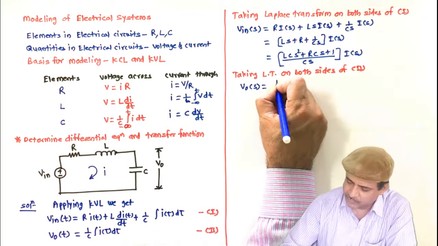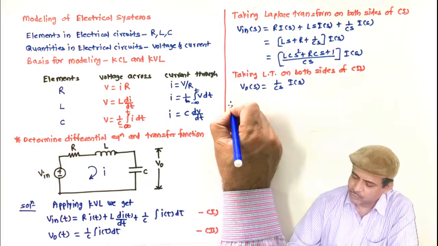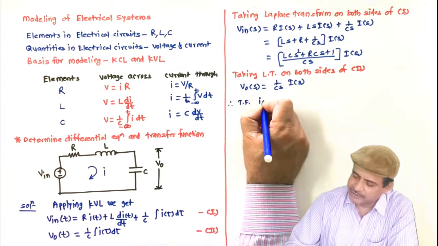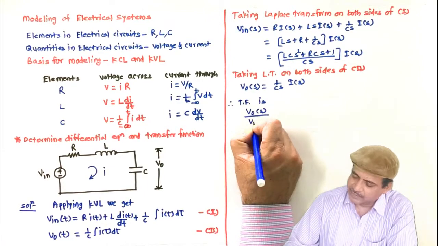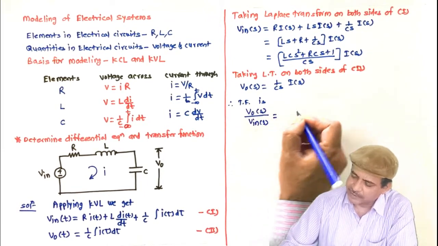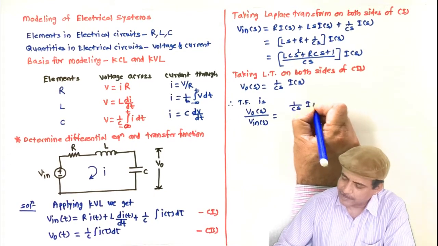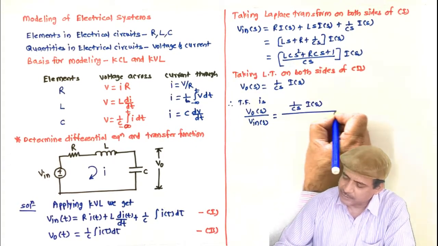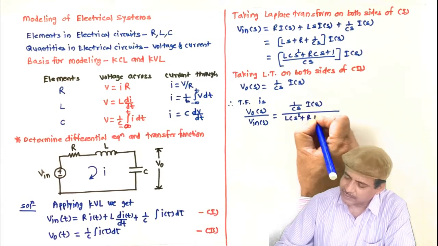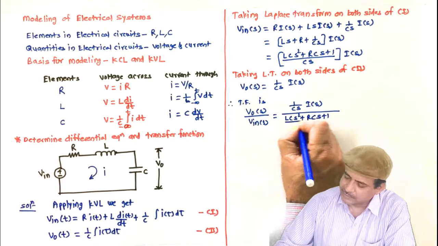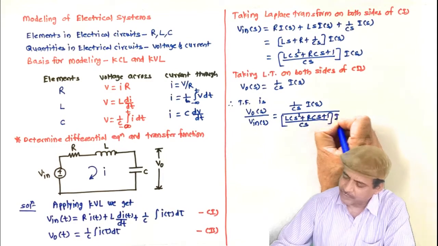For this it will be 1 by Cs I of s, and so the transfer function is V output of s by V input of s, and that will be equal to, what is V output? 1 by Cs I of s divided by LCs square plus RCs plus 1 by Cs into I of s.